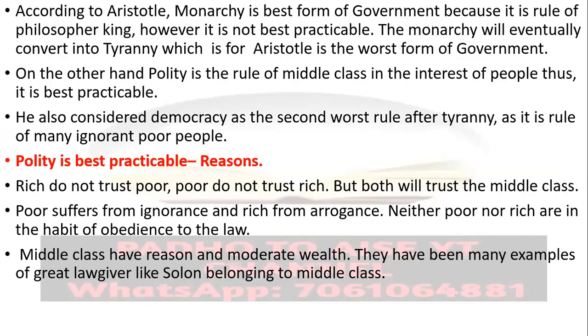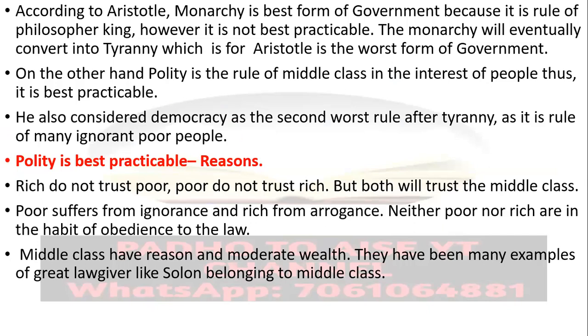Now, according to Aristotle, monarchy is the best form of government. If there is the rule of one person, and that one person is ruling in the interest of all, then that is the best form of government. It is similar to Plato's philosopher king. But Aristotle at the same time argues that monarchy is the best form of government, but not the best practicable form.